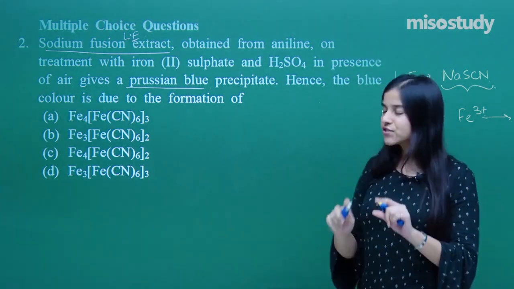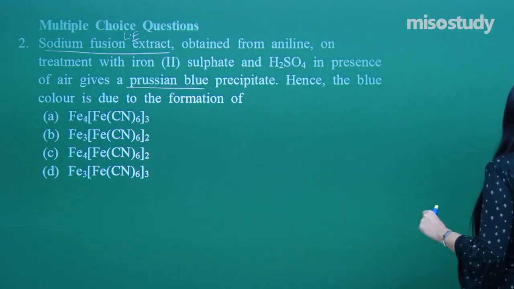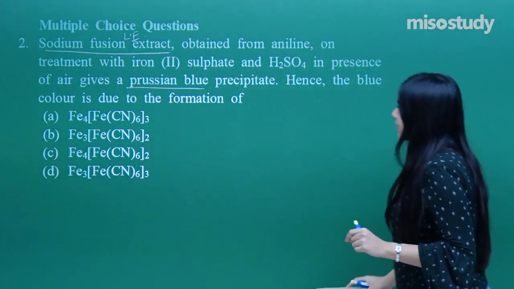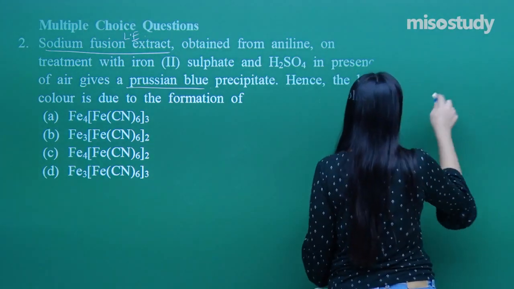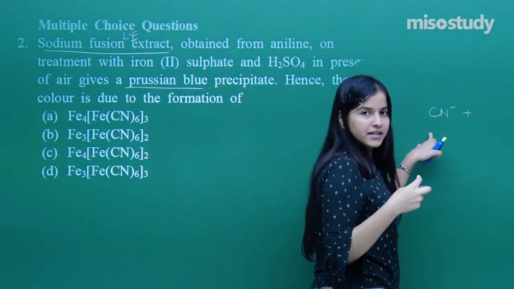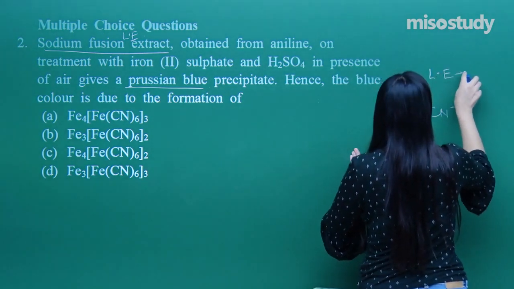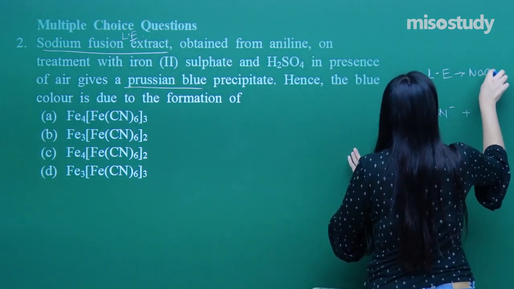So first of all, let us have the reaction related to it. If I get CN negative from the LE, NaCN, right? What was the LE initially taken? NaCN.